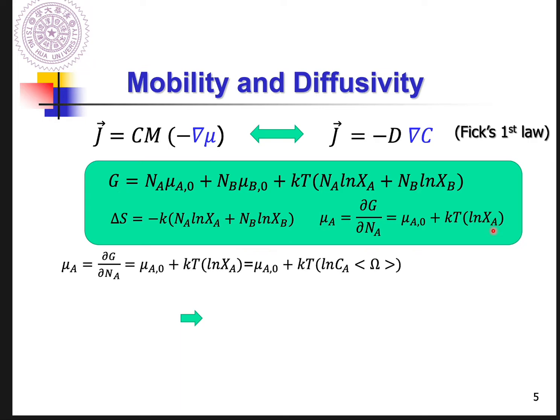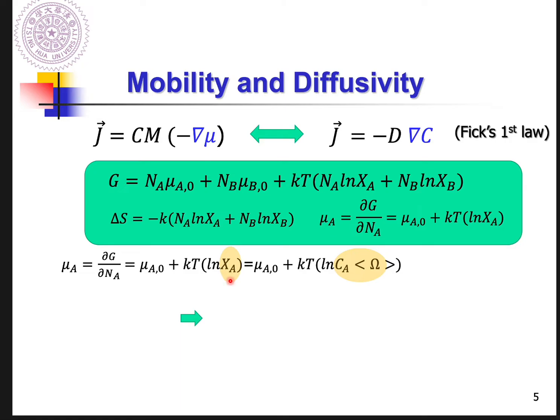Based on this equation, we actually want to know the relationship between the chemical potential gradient and the concentration gradient. But the atomic fraction is not a concentration, so I want to convert it to concentration. So let's do it this way.